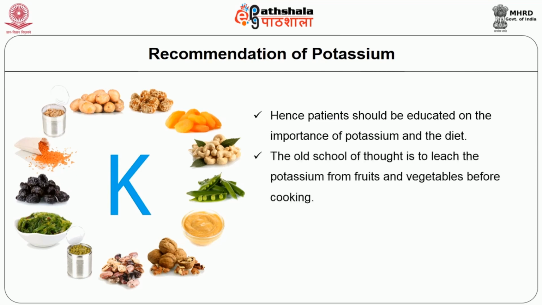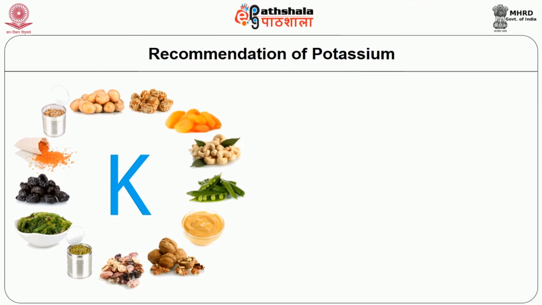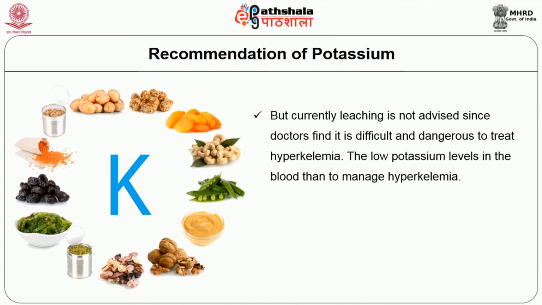The old school of thought is to leach the potassium from fruits and vegetables before cooking. Leaching is a process in which fruits and vegetables are cooked in excess water and draining the vegetable. But currently, leaching is not advised since doctors find it difficult and dangerous to treat hypokalemia, the low potassium levels in the blood, than to manage hyperkalemia.